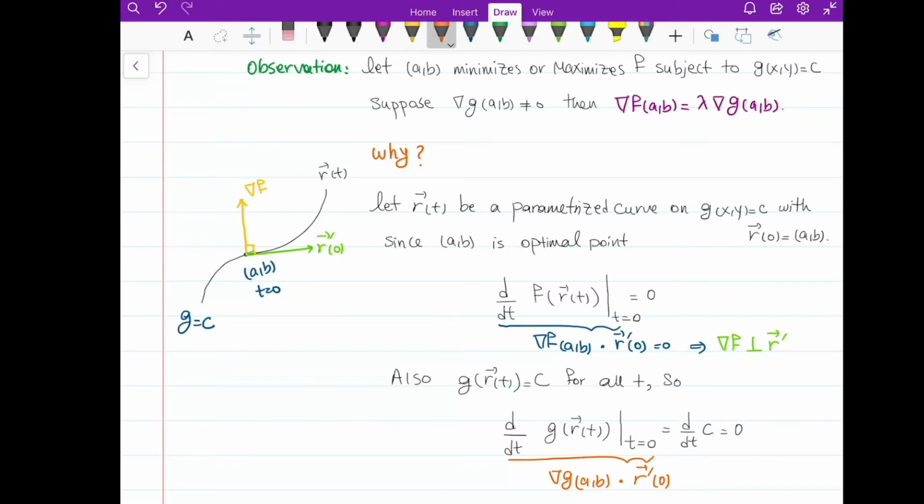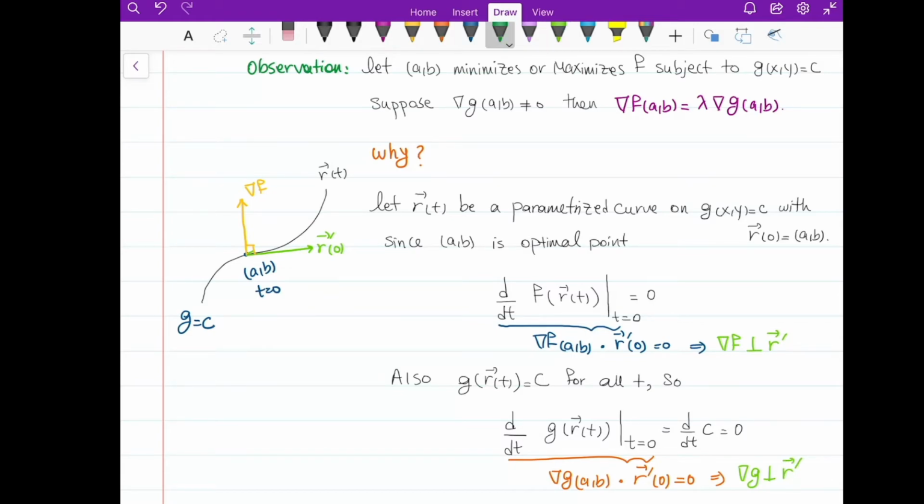Since the right hand side is 0, the dot product of these two vectors is 0, which means that gradient of g is perpendicular to r prime.